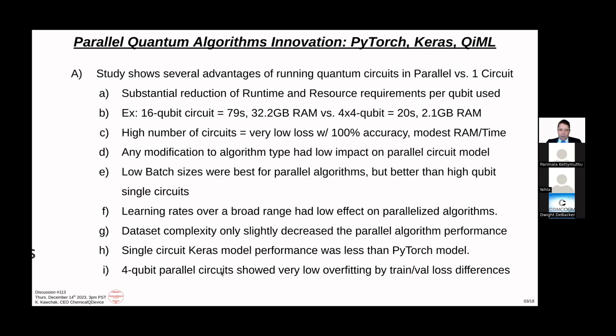And then these 4-qubit parallel circuits showed very little overfitting at all. One of them actually, the training loss and the validation loss were identical for the final epoch. You can study these over the course of epochs, and I took the last epoch, or the last run of all these, and compared them one by one.